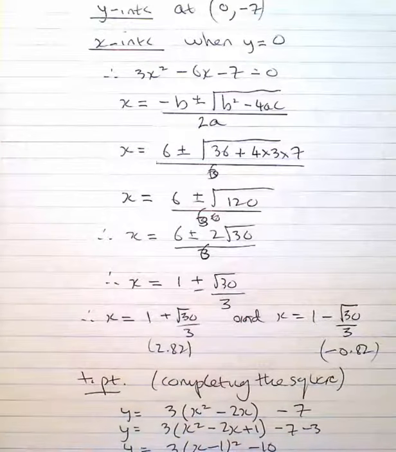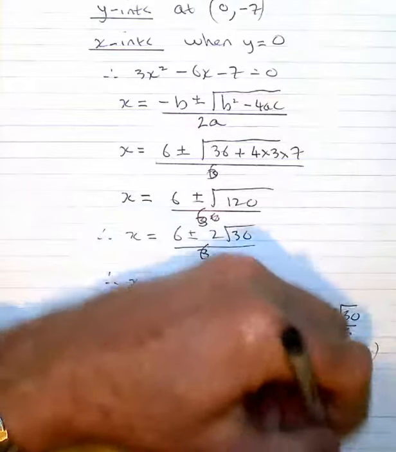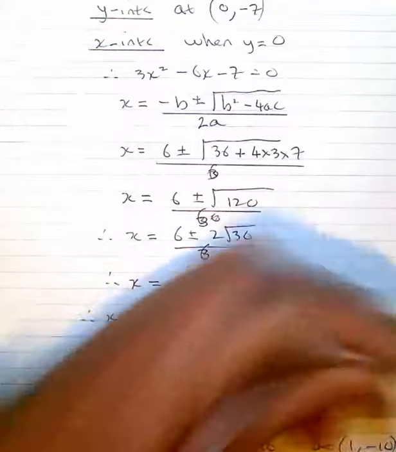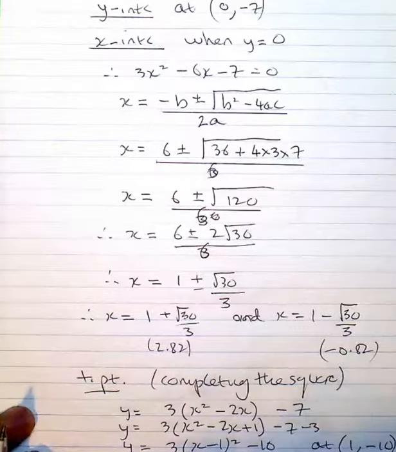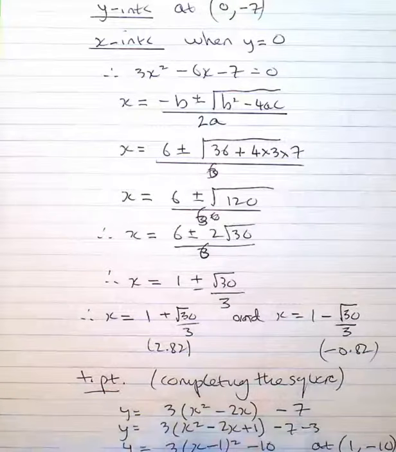So in this instance, I'll have my turning point at (1, -10). I can then make use of those facts to go ahead and graph the particular function.